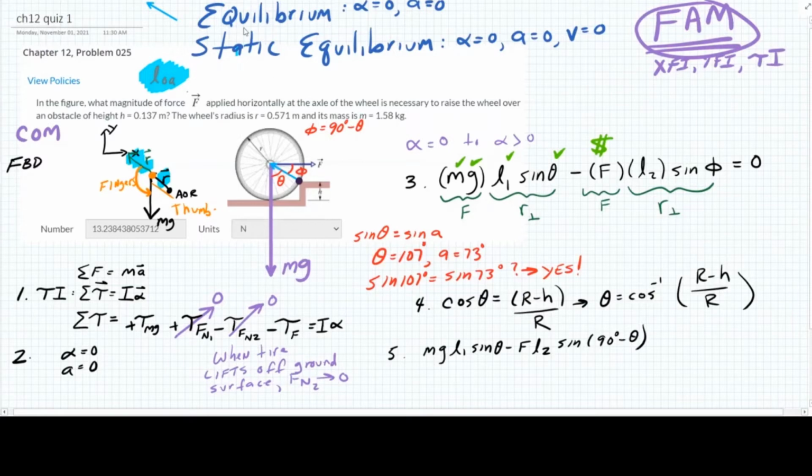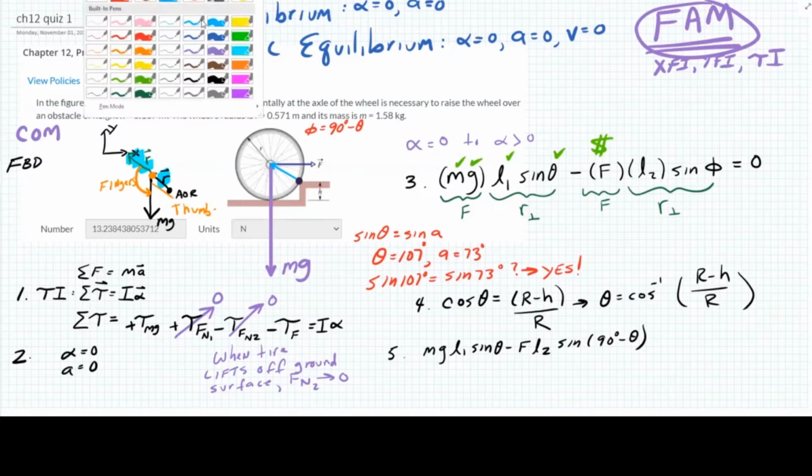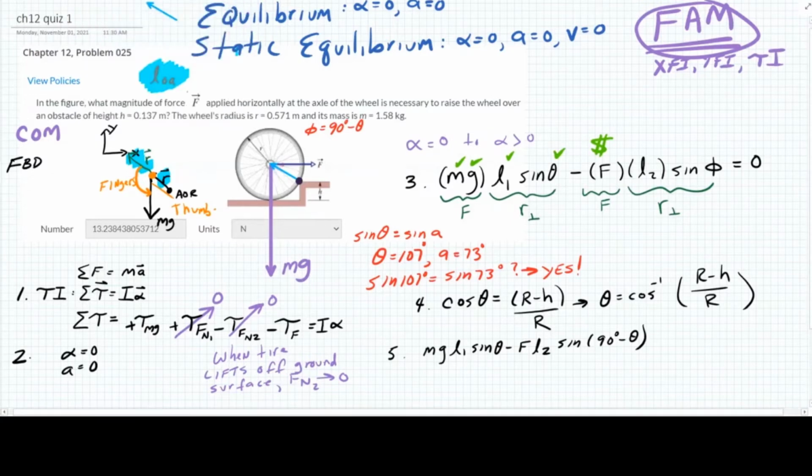Let me just go back and look. You should get a visual on all this stuff, because I need to get a visual on the torque arm for F, the torque arm through which this external force F is creating a torque. So maybe I'm going to draw this a little bit smaller. It's still phi. This is angle phi, like that.